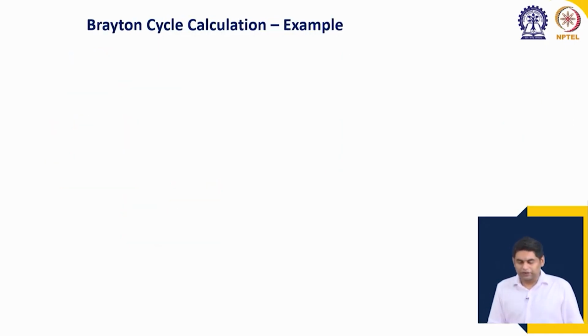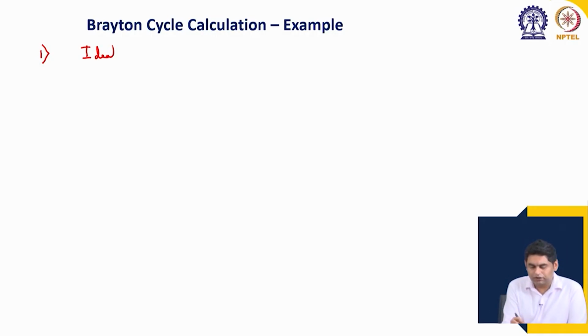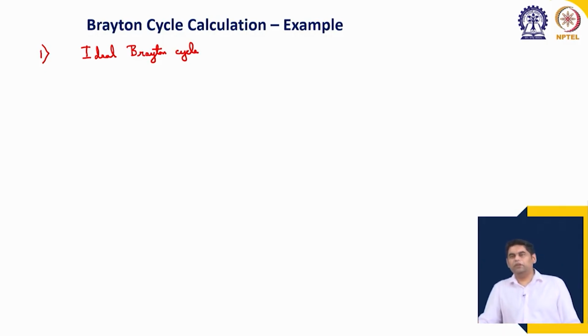So, Brayton cycle calculation example. I will write the problem here directly. We have an ideal Brayton cycle. Till now we are only considering the ideal Brayton cycle. Its inlet condition is known, which is also going to be the case for a real life design.